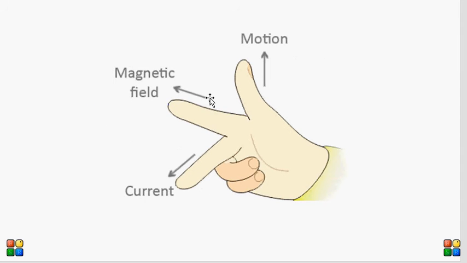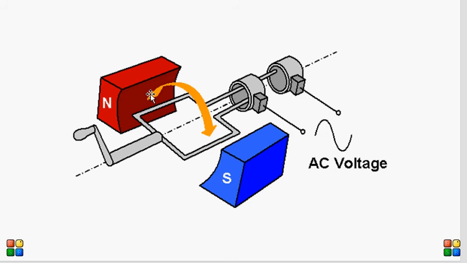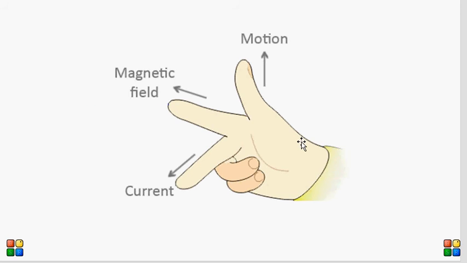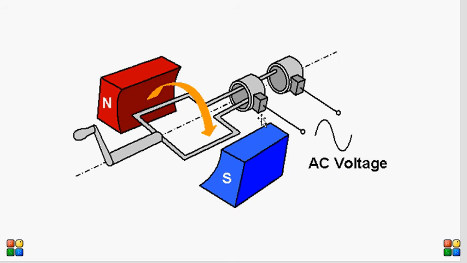And the magnetic field goes from north to south, and this is the direction of the induced current produced. The current will be going in this way.